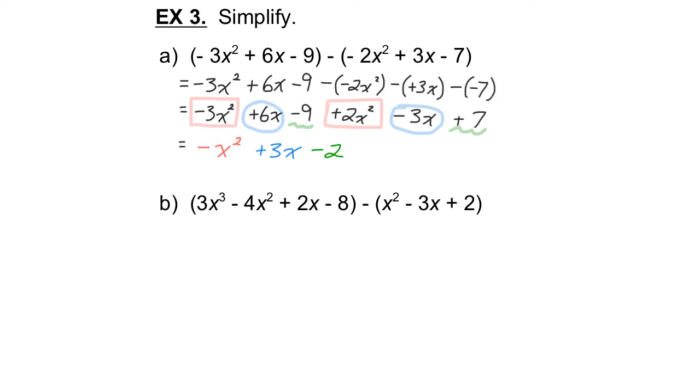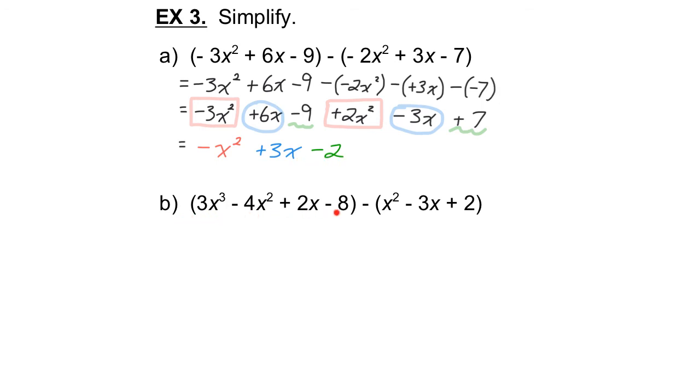It's implied by saying that there's an x squared there. You're saying that there's 1. So you don't have to write the 1, but if you write the 1, it's fine. Positive 6x minus 3x is plus 3x. Minus 9 plus 7 is minus 2. So the simplified expression is negative x squared plus 3x minus 2.